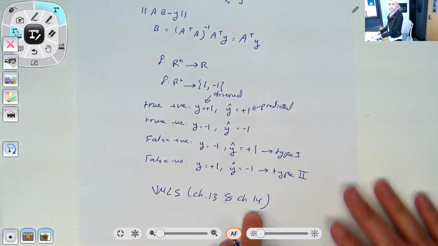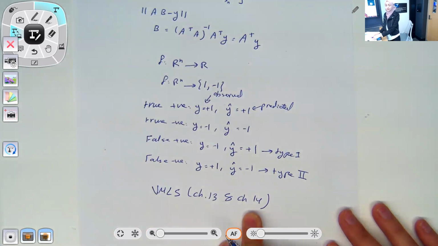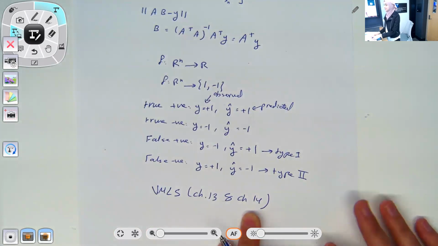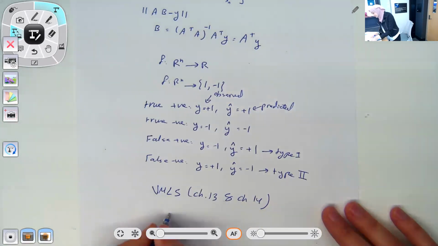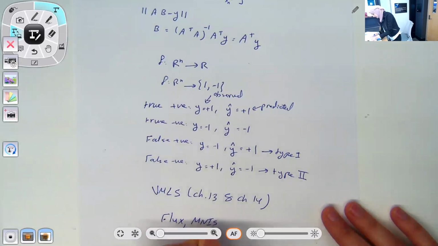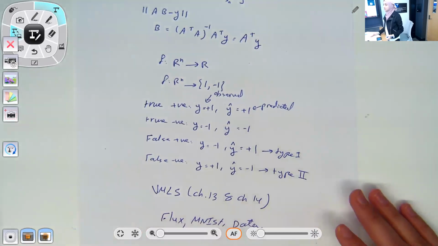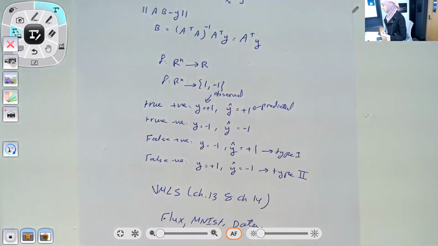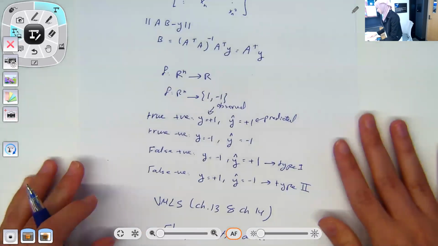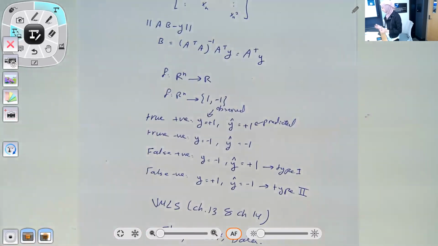You will find more explanation about classification in chapter 14. And you need to build the code. To build the code, you will use some packages like Flux, like MNIST, and data. Sometimes you can find the value of the confusion matrix. This is a brief idea about classification and how classification works.